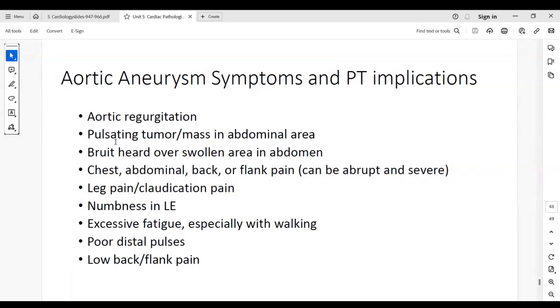You will not hear the normal linear blood flow; you will hear a bruit. Chest, abdominal, back, or flank pain can be abrupt and severe at the same time. Leg pain, claudication pain, numbness in the lower extremities, excessive fatigue, especially with walking, poor distal pulses, low back or flank pain.